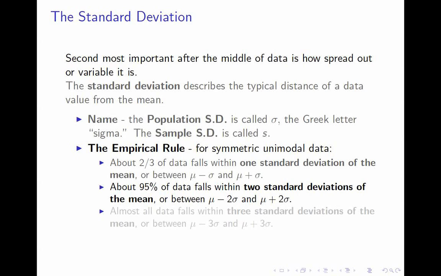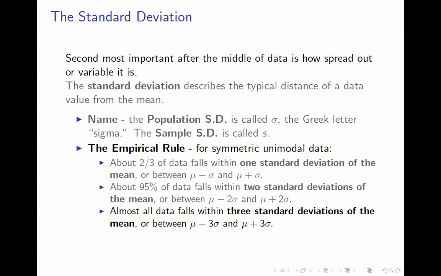About 95% of the data fall within two standard deviations of the mean. That is, somewhere between mu minus 2 sigma, the lower bound, and mu plus 2 sigma, the upper bound. 95% is the great majority. When this fails, it's unusual, but not shocking. And then finally, almost all of the data falls within 3 standard deviations of the mean, or between mu minus 3 sigma and mu plus 3 sigma.